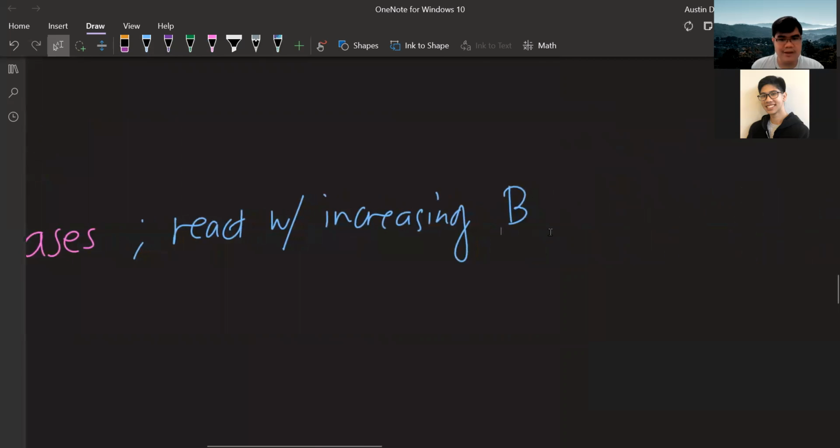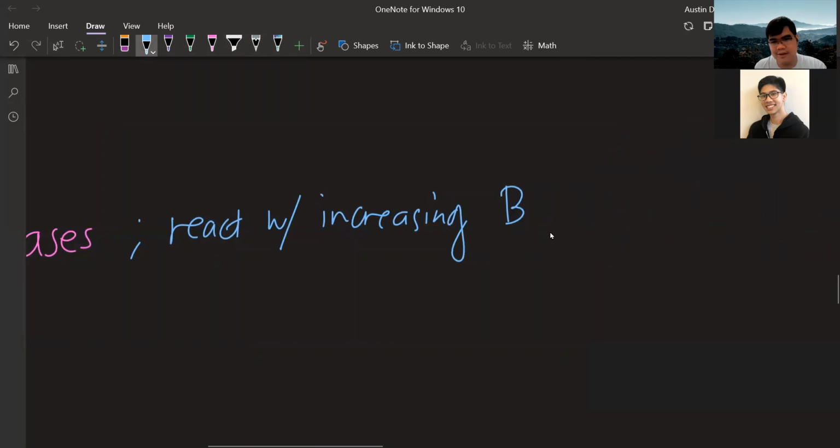So ibabalik niya yung nawawala. So therefore, ang direction ng induced current then is out of the page, no? Kasi nawawala yung out of the page na field. So therefore, ibabalik niya yung out of the page na field. Okay?